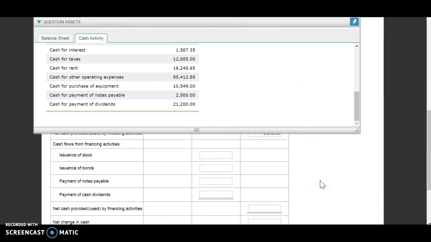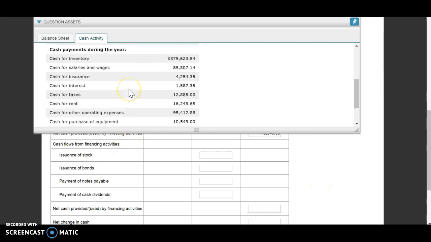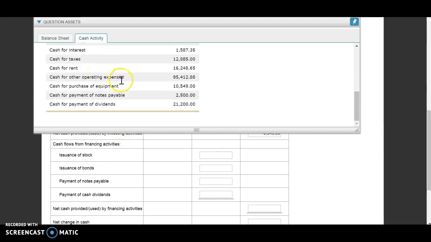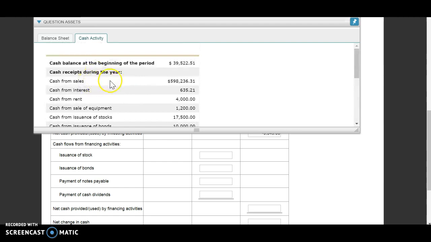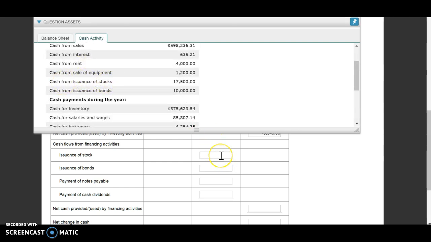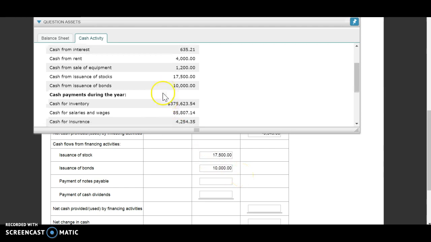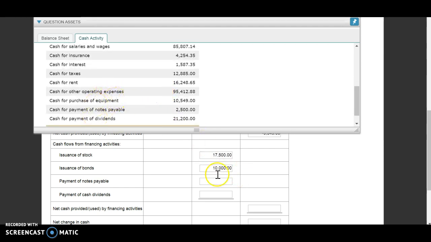Next part is my cash flows for financing activities. Again, look at my cash receipt. So here I have my issuance of stocks, 17,500. I have my issuance of bonds, 10,000. I then need to move down to my cash payments. I have cash payment of notes payable of 2,500. Don't forget your negative sign.